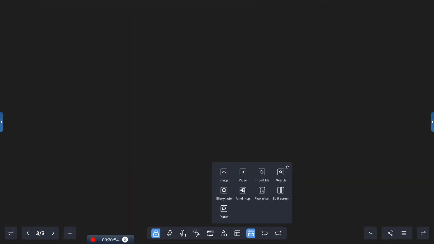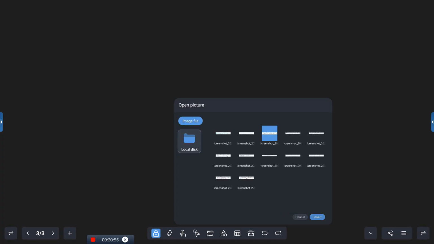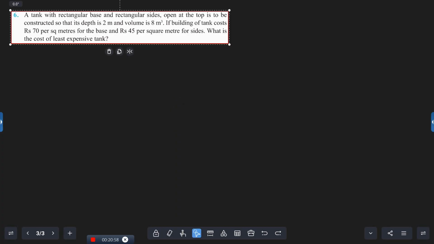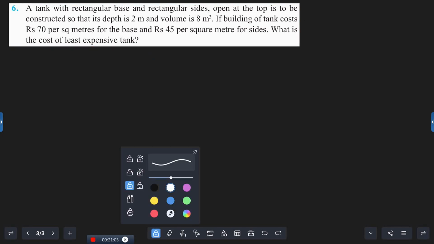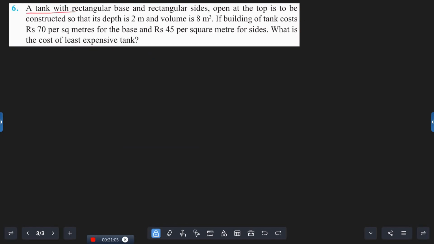Next question. Listen: a tank with a rectangular base and rectangular sides.